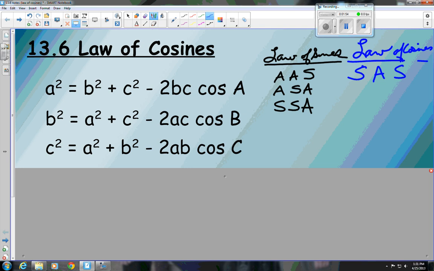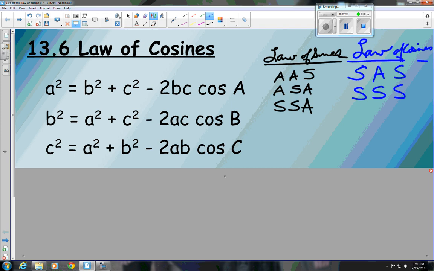Side, angle, side. Or if I know any 3 sides of the triangle. If that's what I know to start out with, I will use the law of cosines. And with that information, I can solve the entire triangle. I can tell you all 3 angles and all 3 sides if I start with any one of those pieces of information.